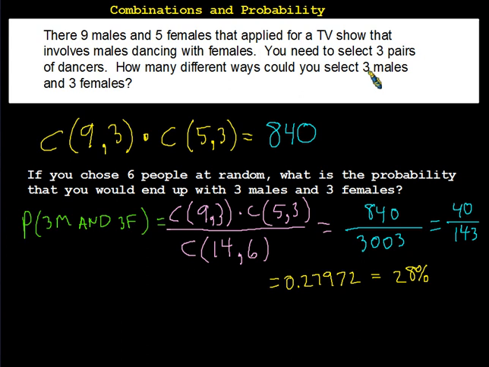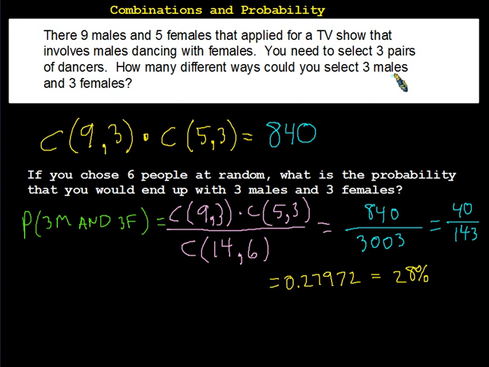Notice that we say 3 males and 3 females. We don't know whether we picked 1 male and then 1 female and then 2 males and then 2 females. Nobody said anything about that. So whatever order they came in, we ended up with 3 males and 3 females. That's why we use combinations.